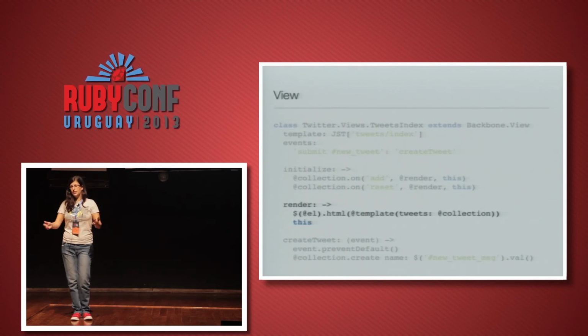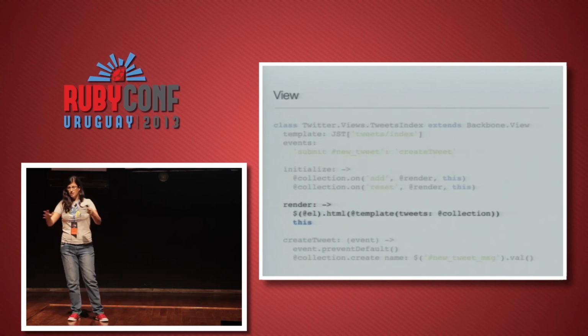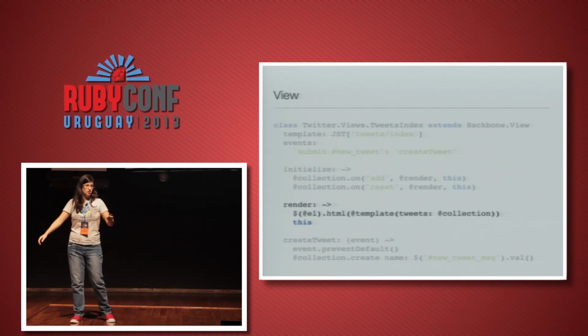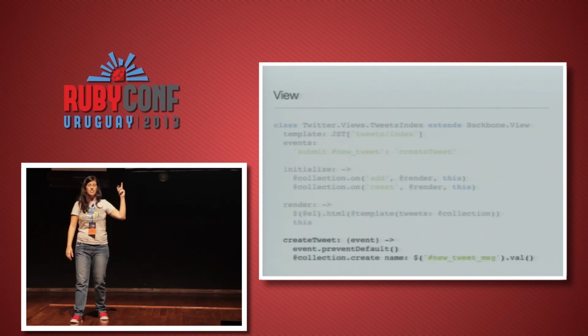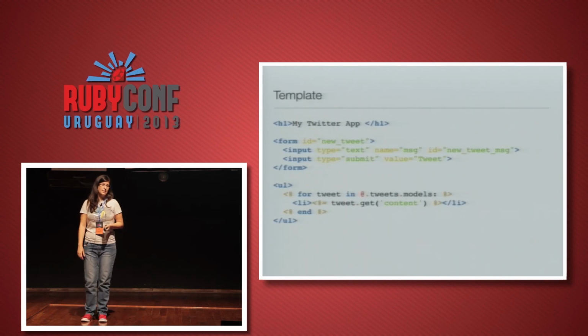I say data because actually I can pass a collection, a model, a string, whatever. The template injects that into HTML, it sends back a string, the view takes it and throws it in its element. And that's it. Then I define the other functions, and it's the hash of events up there.